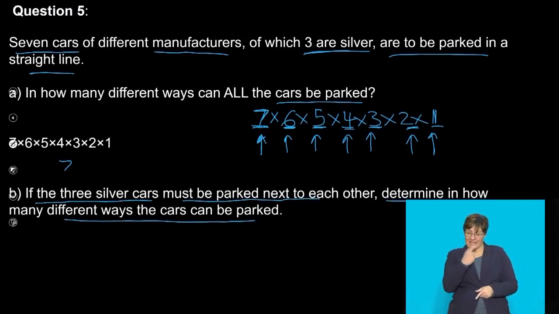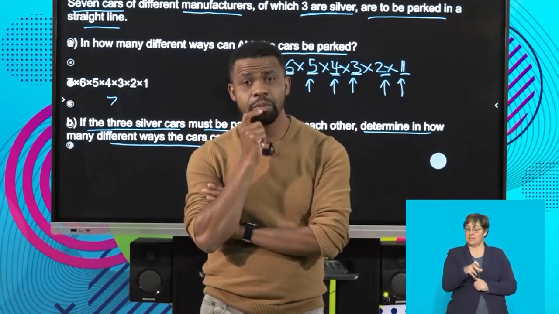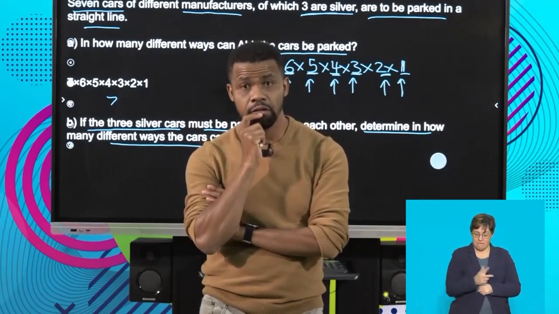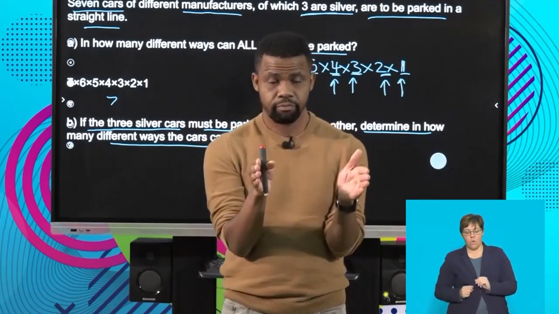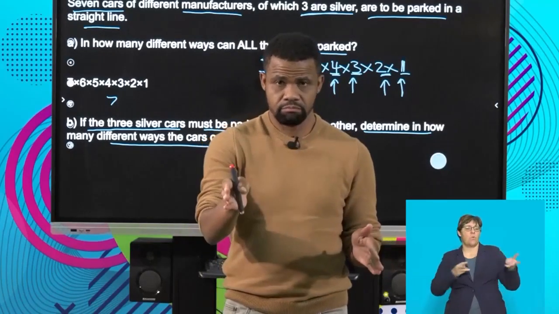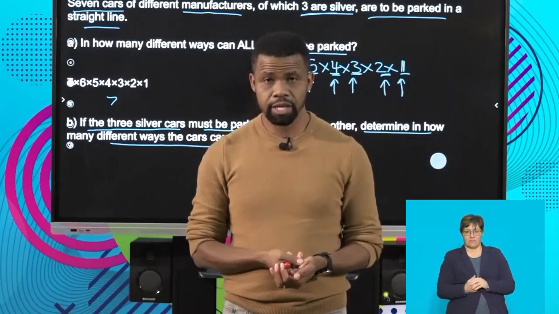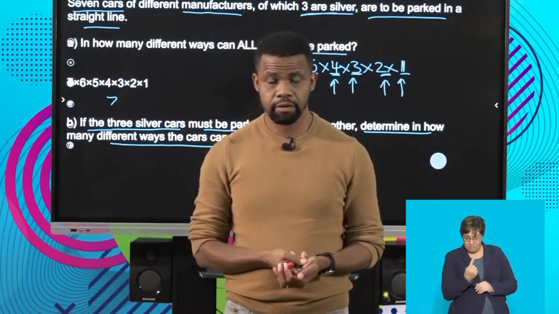What this is asking is that the silver cars must be parked next to each other. So it implies you must have silver, silver, silver, and the rest of the cars. Are we all together?